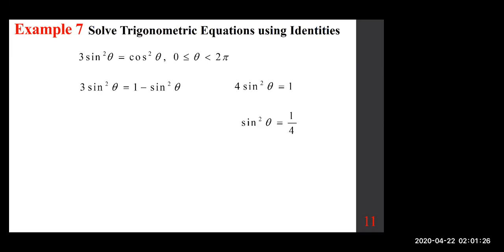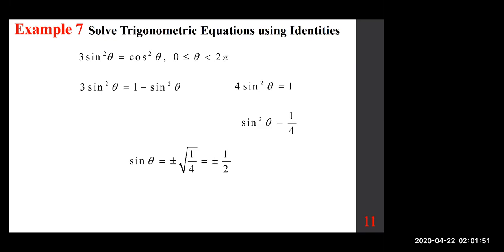So what is sine theta? Sine theta equals, anybody? 1/2, plus or minus 1/2. Plus minus 1/2, everybody. That makes sense?